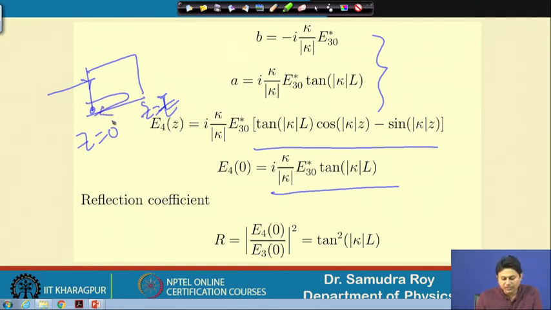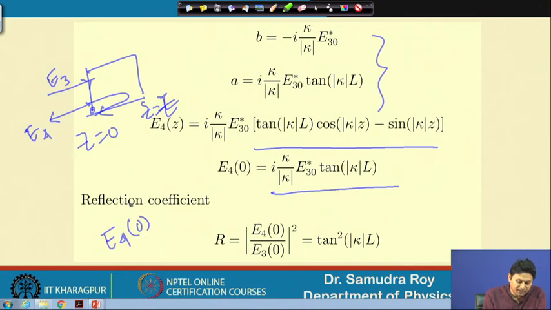Now, if I try to find out the reflection coefficient, because E3 is here and it is reflected, E4 is reflected back. The reflection coefficient is simply E4 at z equal to 0 divided by E3, the incident wave at 0 point, and mod of square.